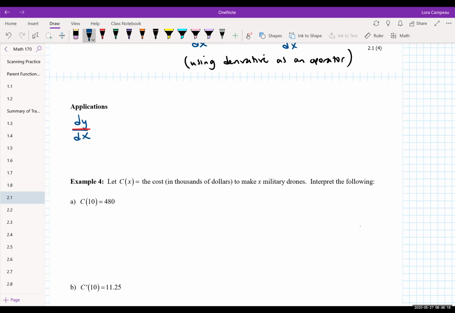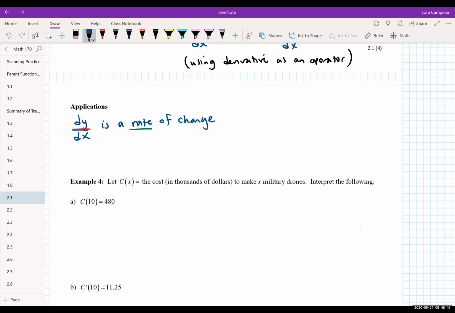But I would like to explain how it applies to what we're dealing with in some of these applications that we're going with. When you see this notation or any sort of derivative, it's actually a rate of change. Well, slope is a rate of change, but we're clear that it's a rate.